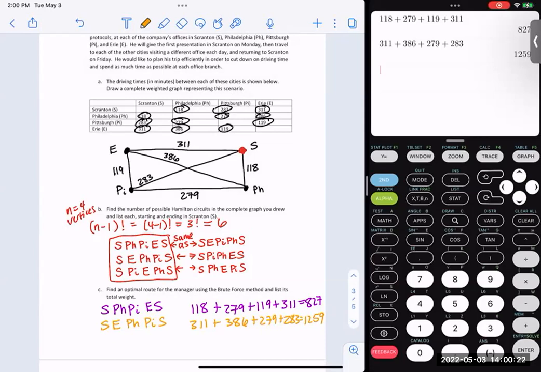All right, and then one more here. The last one is Scranton, Pittsburgh, Erie, Philadelphia, Scranton. So from Scranton to Pittsburgh is 283. And to Erie is 119. And then to Philadelphia, 386. And then to Scranton is 118.